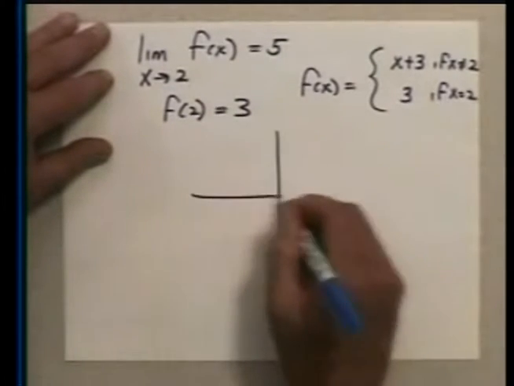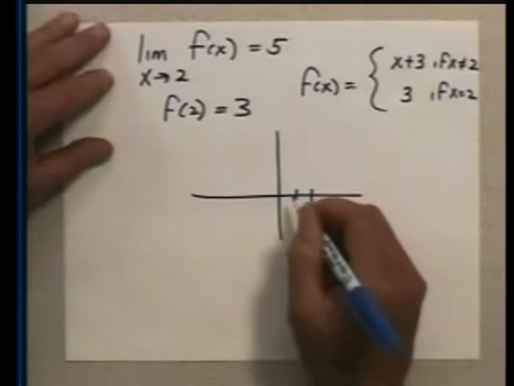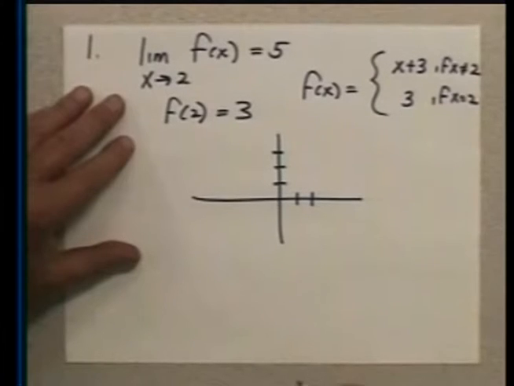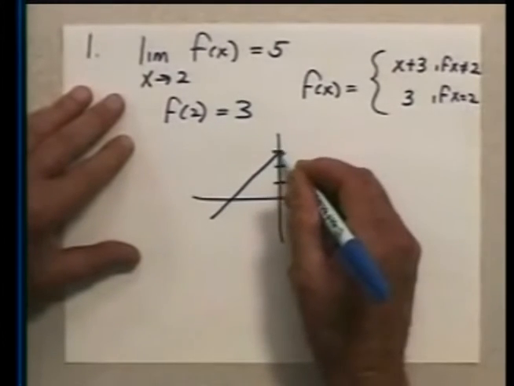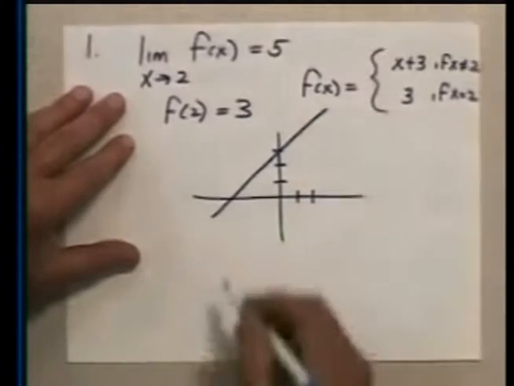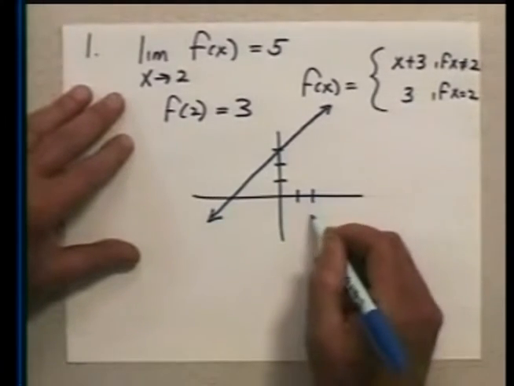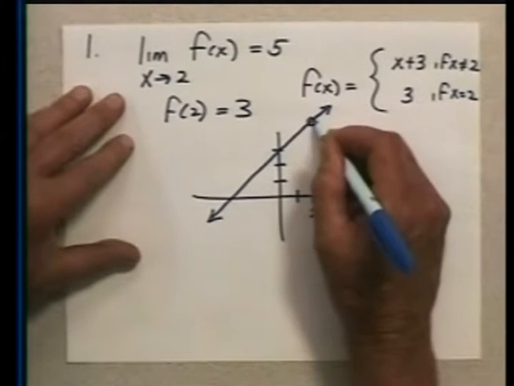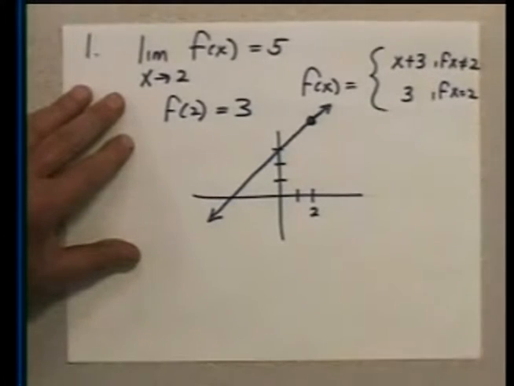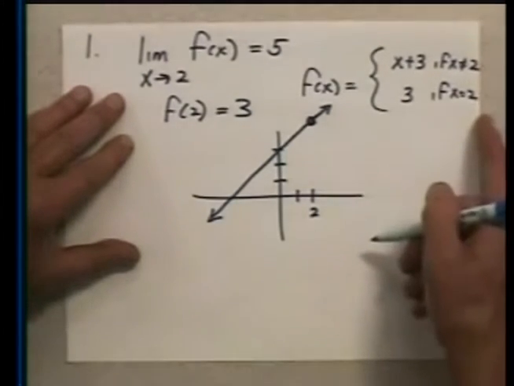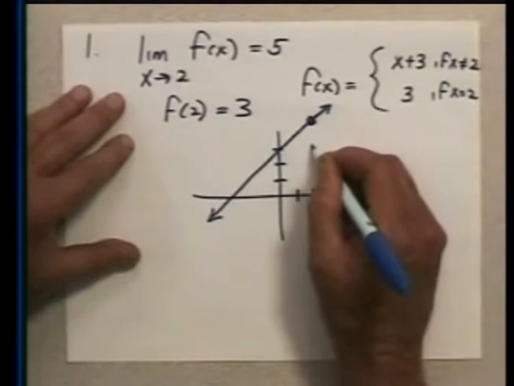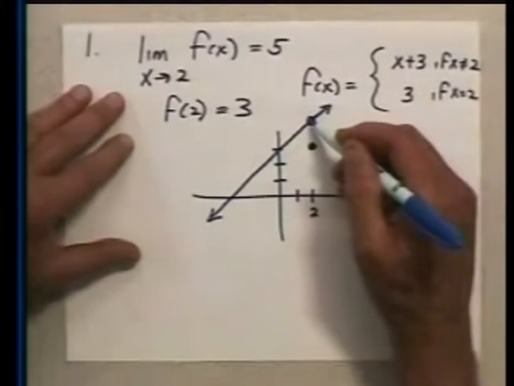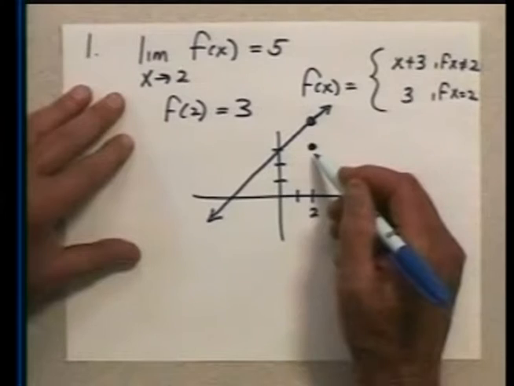Now, if I were to graph that, what I get is a line with slope 1 and y-intercept 3. But when I get to 2, I can't use this, so there'd be an open dot right above 2. And then it says when x is 2, the function is actually 3. So you have this line with an open dot on it right above 2, and then at 2 it's equal to 3.